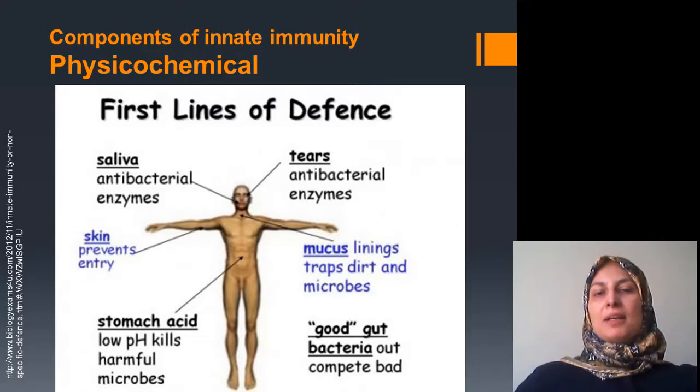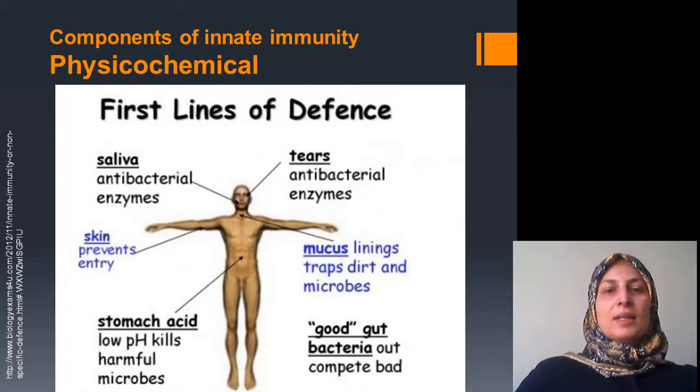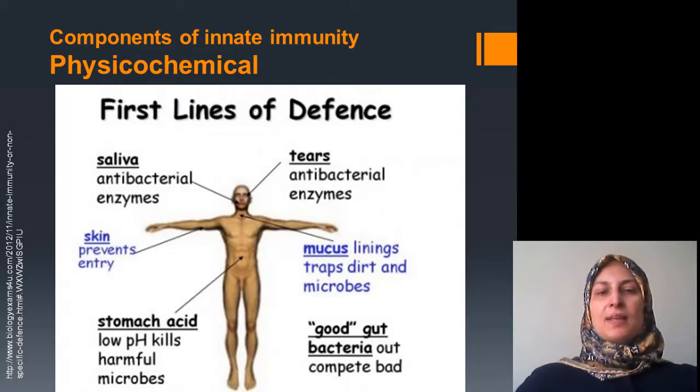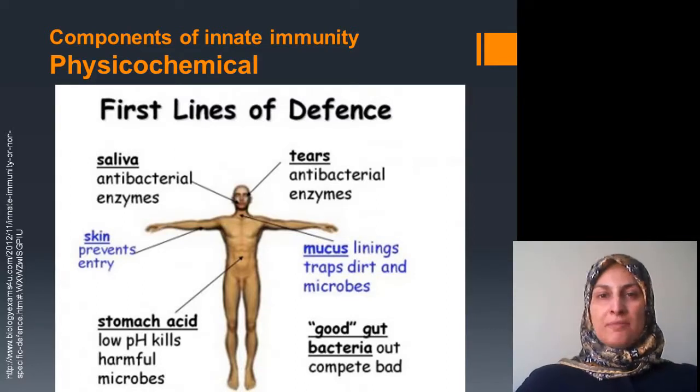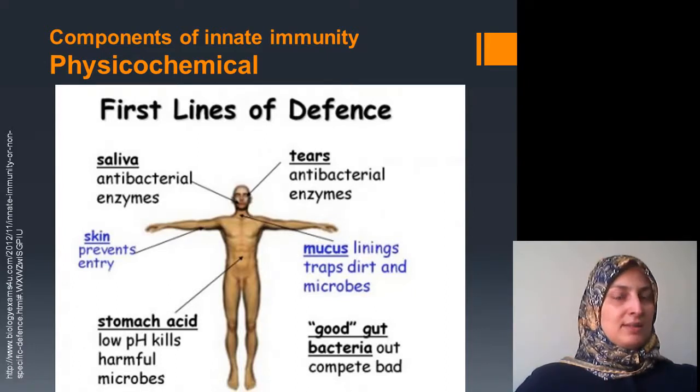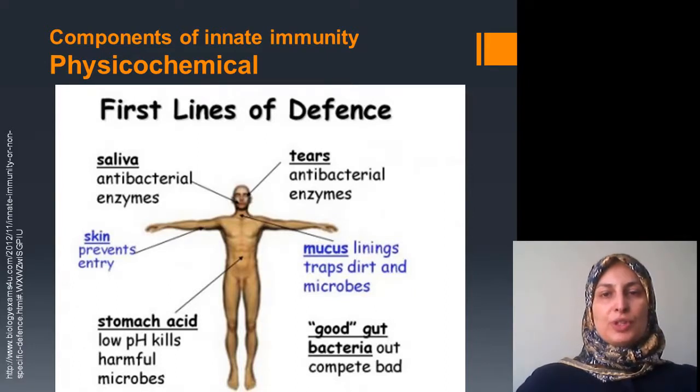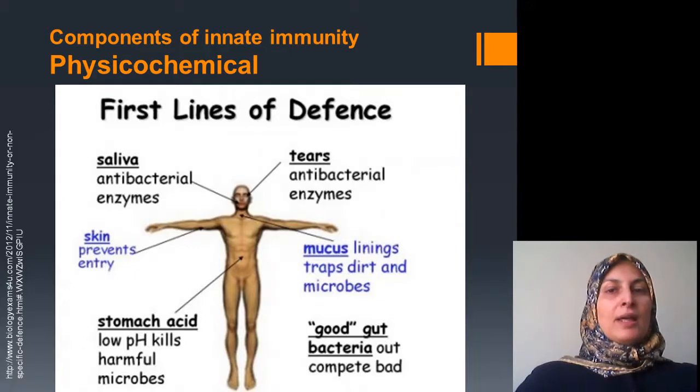Starting with the physicochemical part, the innate immunity forms the physical barrier against the entrance of pathogens inside the body, and this involves the skin, the mucosal lining, the saliva as it washes the bacteria, antigens and debris from the tooth surfaces and from the oral mucosa, and the tears that wash away all debris and dust from the eyes.